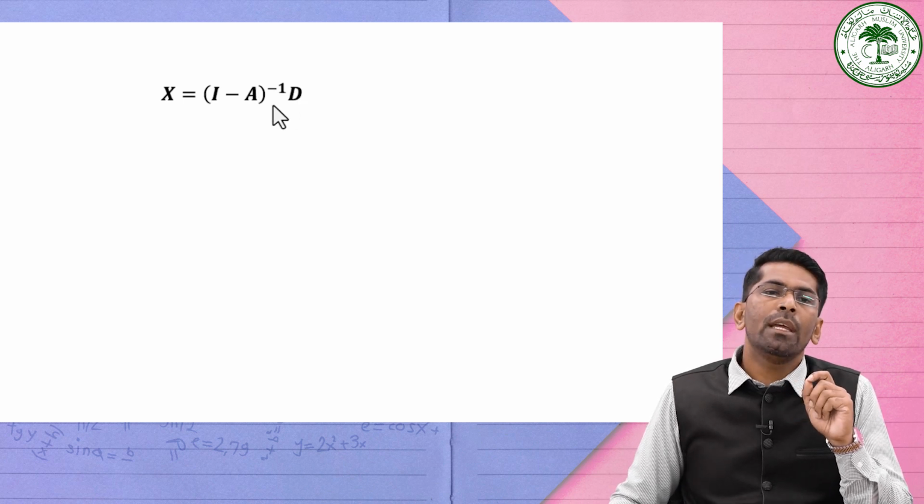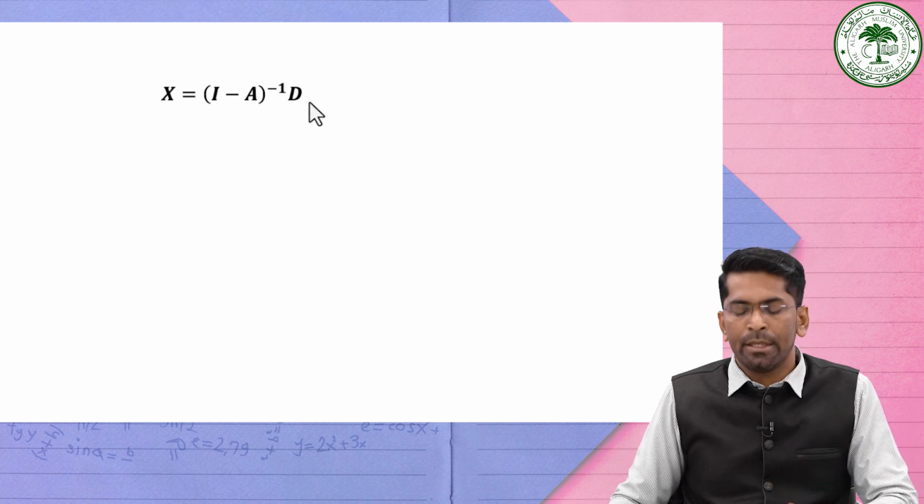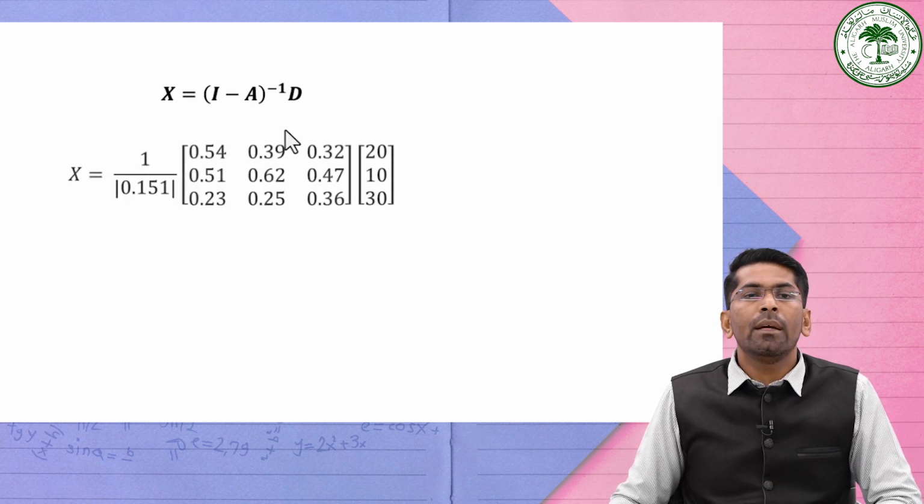So the output is equal to the inverse into the final demand vector D, which is 1 by 0.151 into the adjoint matrix into D, where D is equal to 20, 10, 30.